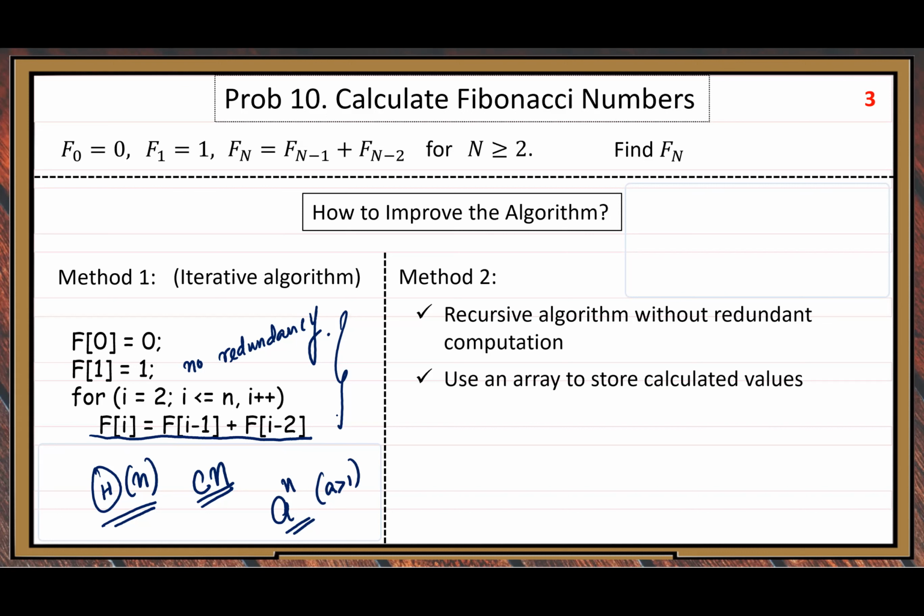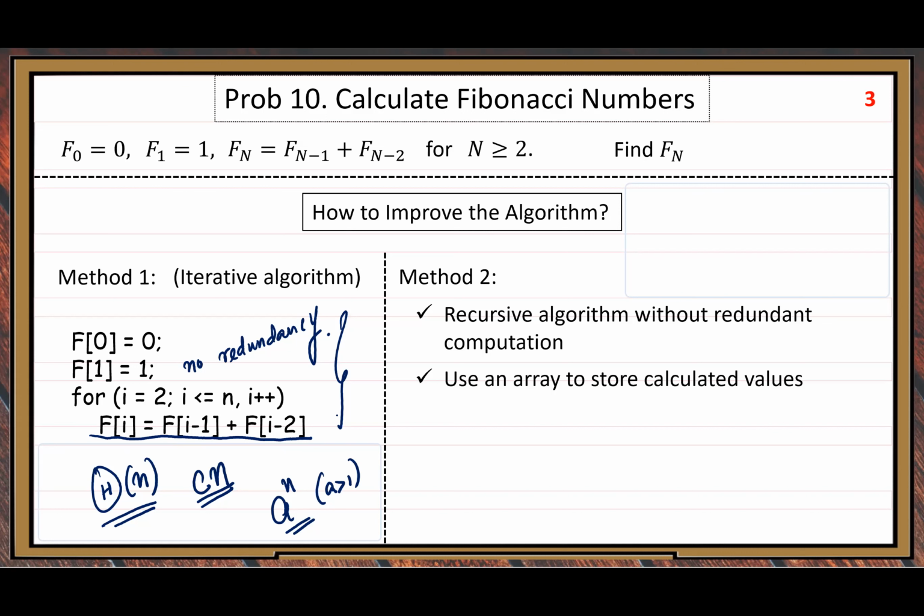Our principle is that we only want to calculate each Fibonacci number once. So how to avoid more than one calculation?